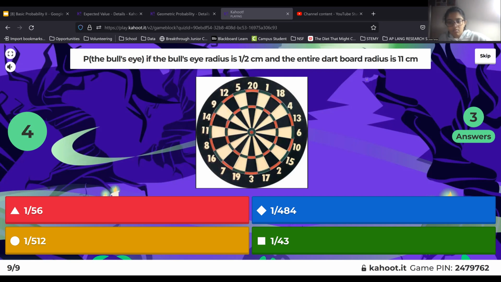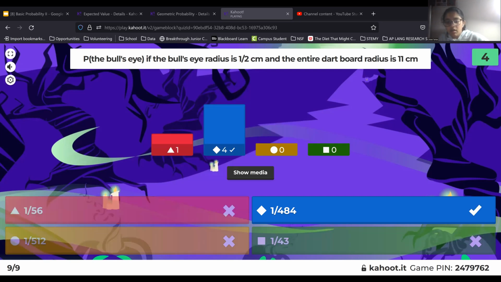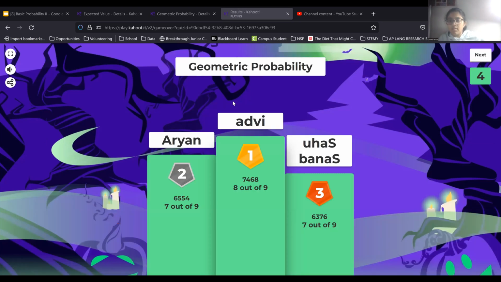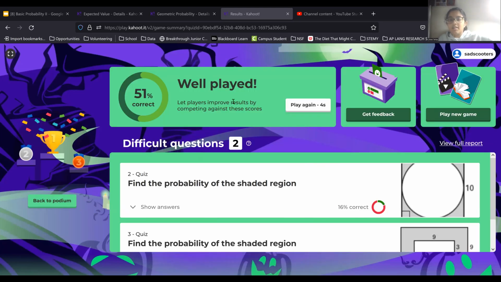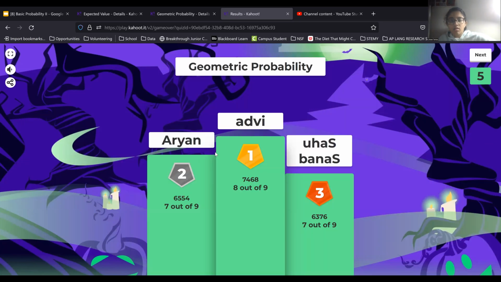Yeah, so it was 1 over 484, because 1/2 over 11 is 1 over 22, and you square that and you get 1 over 484. So good job, Advika. Good job to all for getting first starts, and good job to Aryan and Sana. Good job.